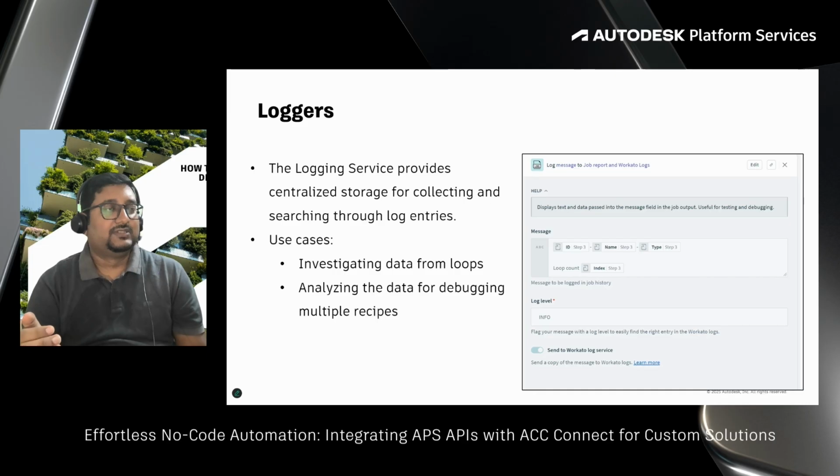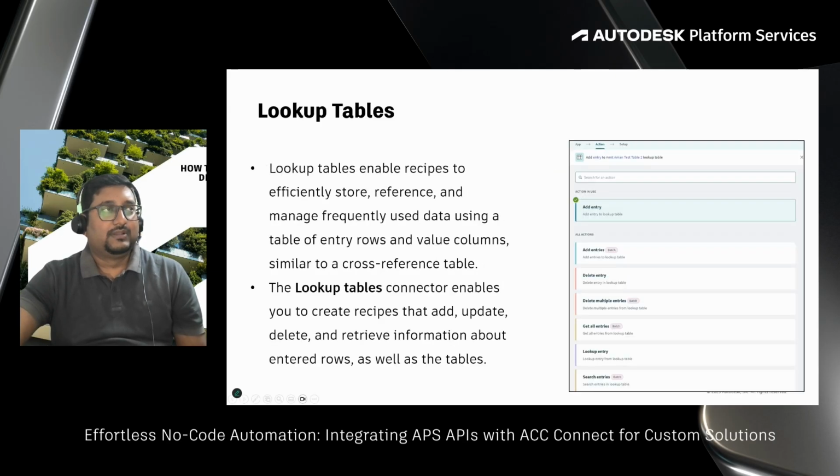So this can really help you in investigating the data that is coming from the loops. And the other part is analyzing the data for debugging multiple recipes. So if you have the log data available, you can have a look and see what is going wrong with the execution of a particular recipe. So that is how the logger works.